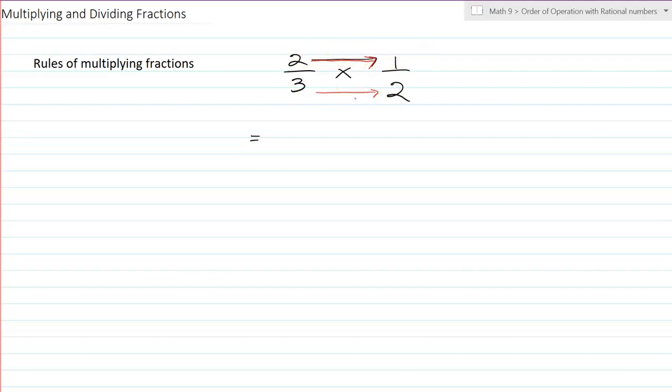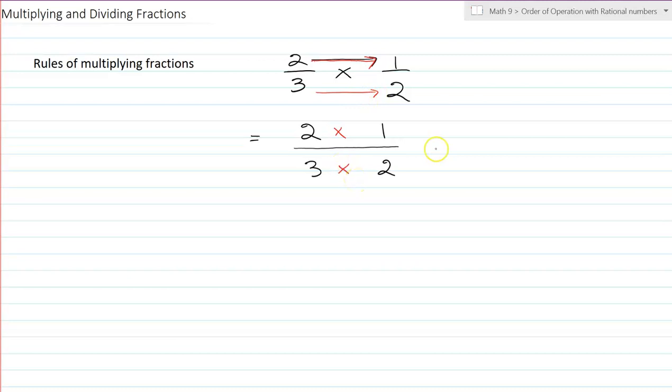Simple as that, nothing fancy. So 2 times 1, that's the top number, and then the denominator will be 3 and 2, and there's a multiplication in between.